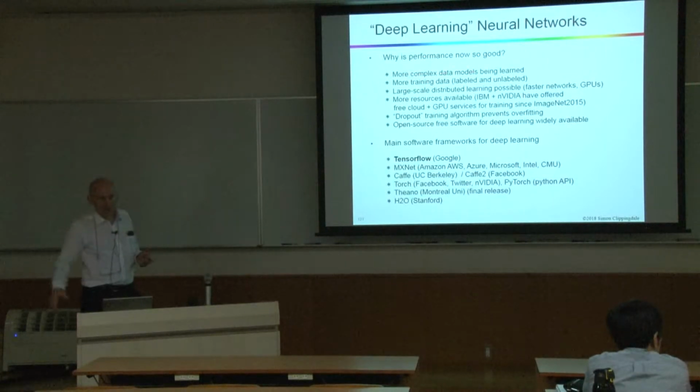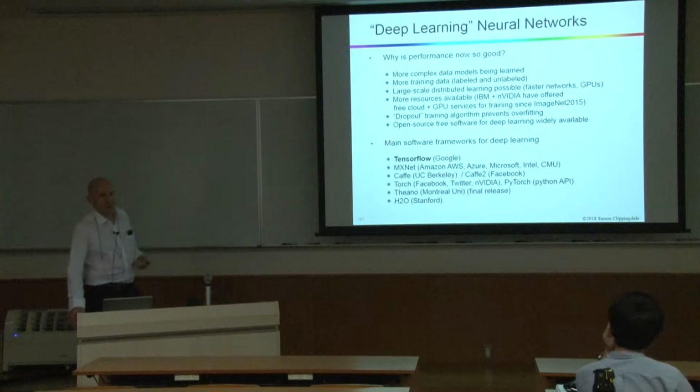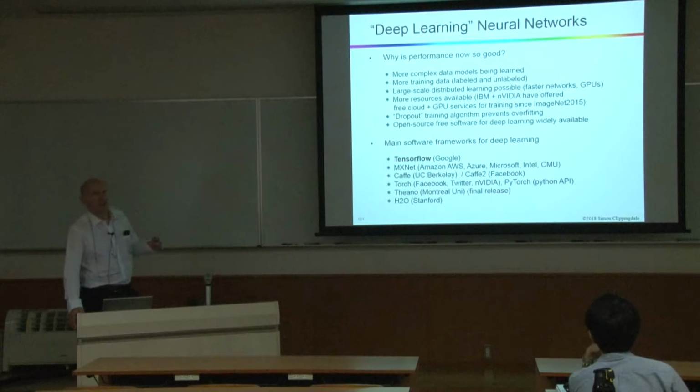It's a very complex high-dimensional surface, effectively. But more complex data models can be learned with these deeper networks. The width of the networks isn't a factor. There's no point having more units than the width of your image, but the number of layers and the number of convolutional layers within each layer that can represent different aspects of the object. The vast increase in that has given much more complex data models.